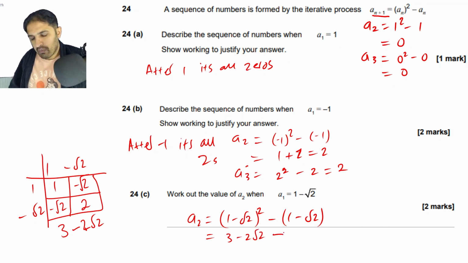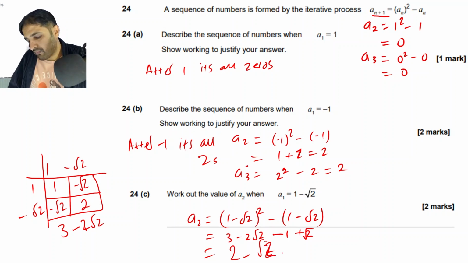Now taking away 1 and then taking away negative root 2, so it's add root 2. Okay, so take away negative root 2 is add root 2. So what we're left with now is 3 take away 1, which is 2, and negative 2 root 2 add root 2 gives you negative root 2.